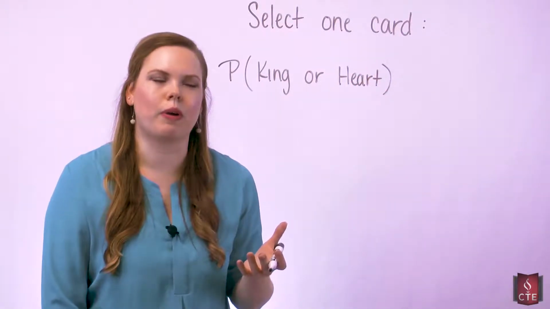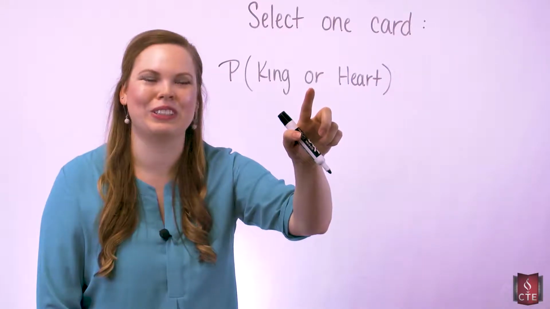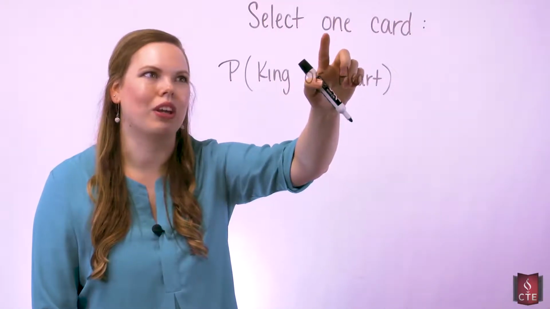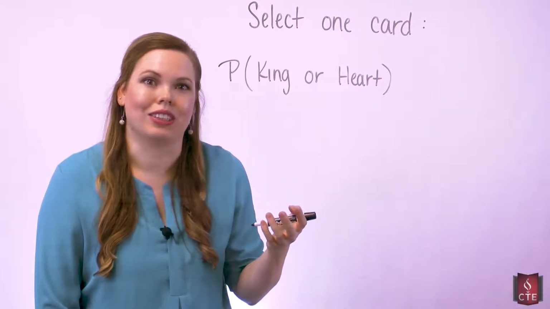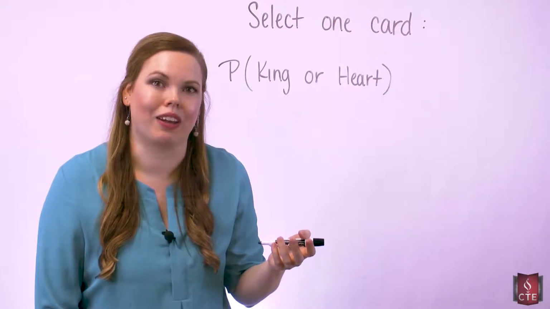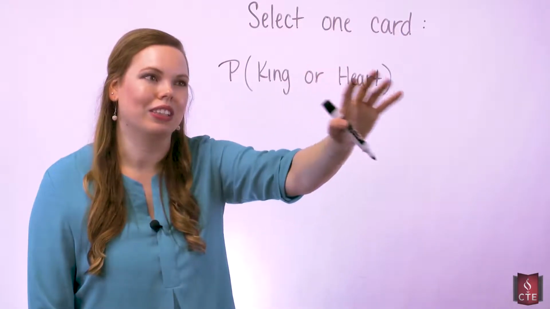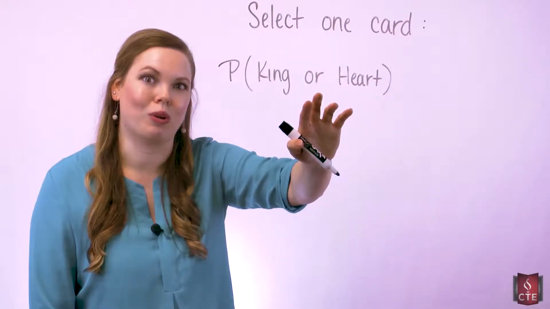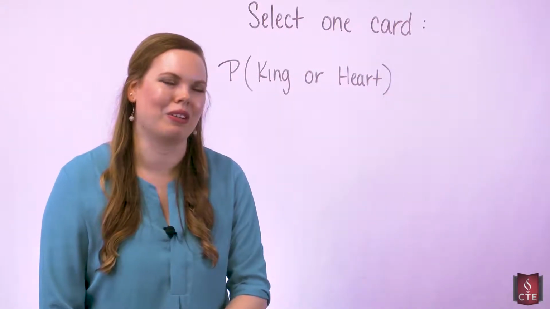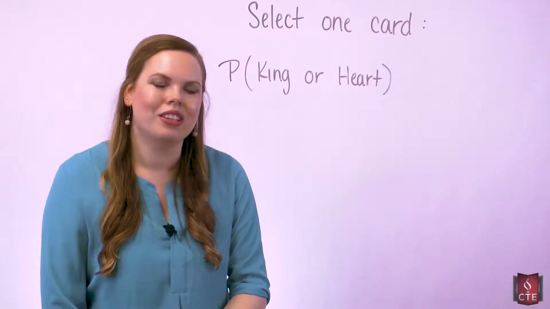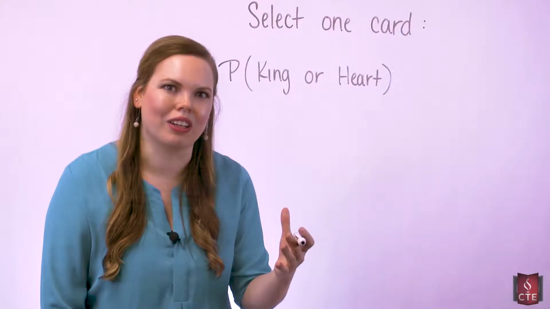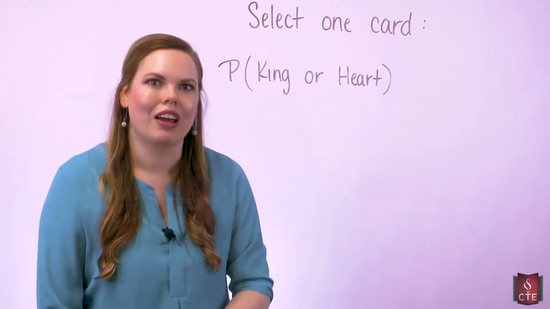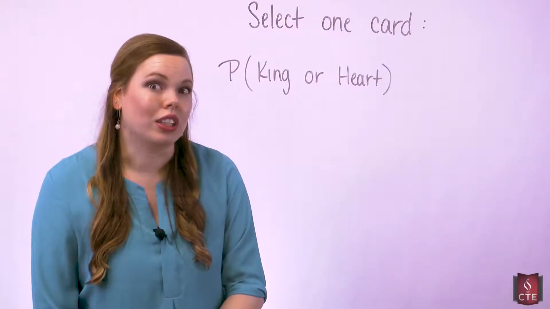We know this is OR probability because it clearly says OR, and because we are only selecting one. We can't use OR probability if we're selecting more than one; we would have to use something else. So the next question we have to ask ourselves is, are these two events between the OR mutually exclusive?